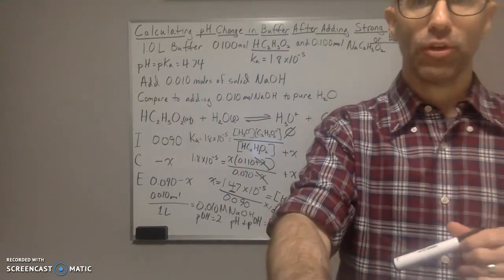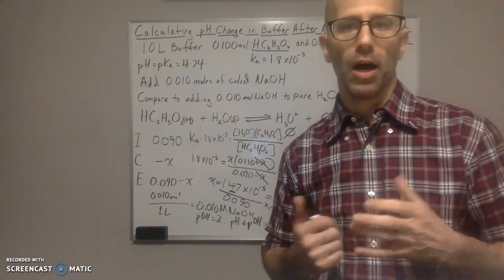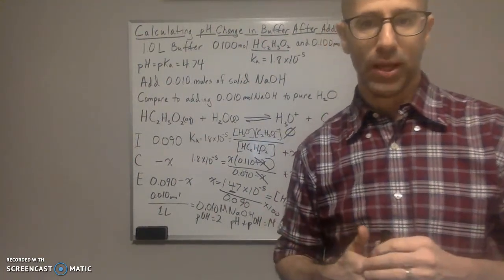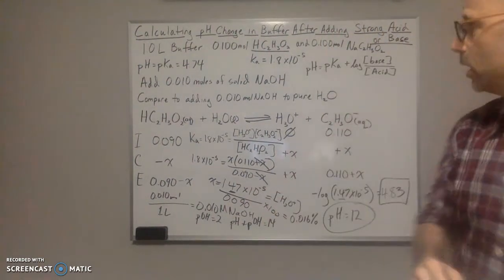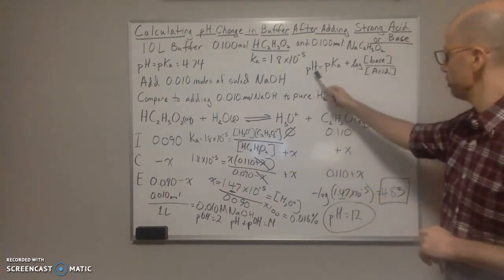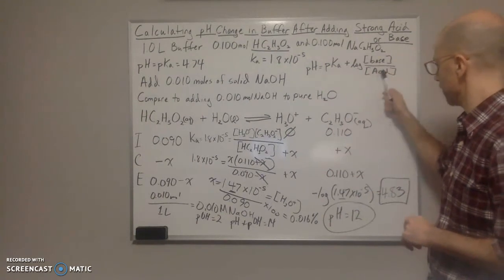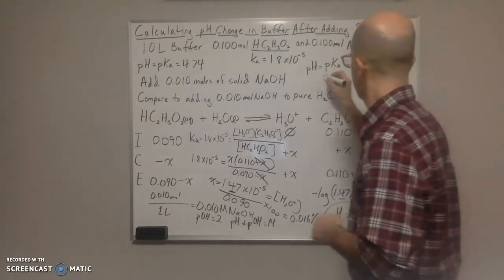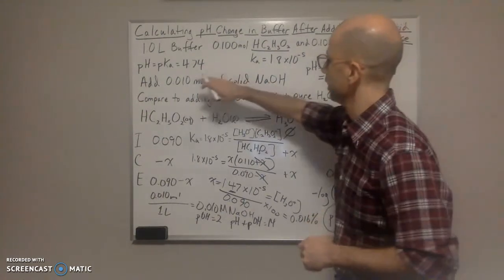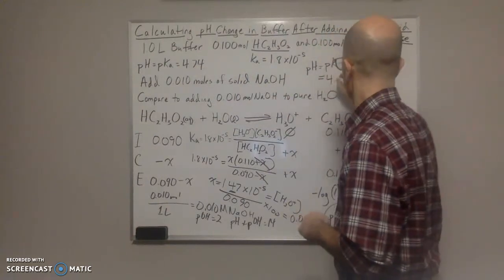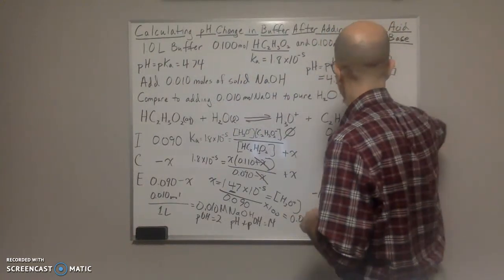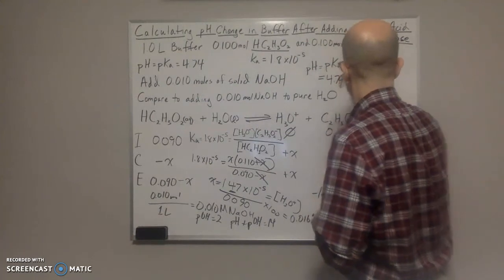One of the other things you could do is use the Henderson-Hasselbalch equation. So here's the equation right here. pH is equal to pKa plus the log of the concentration of the base over the concentration of the acid. So we know the pKa is 4.74.